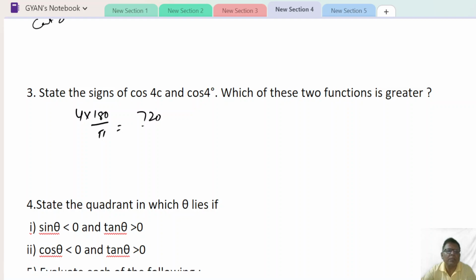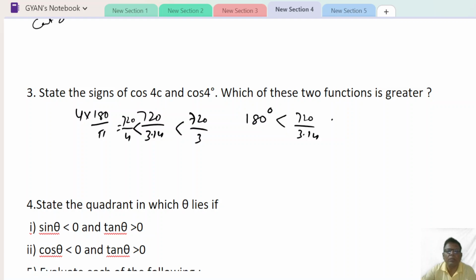So 720 divided by pi, with pi as 3.14, is about 229, close to 240.